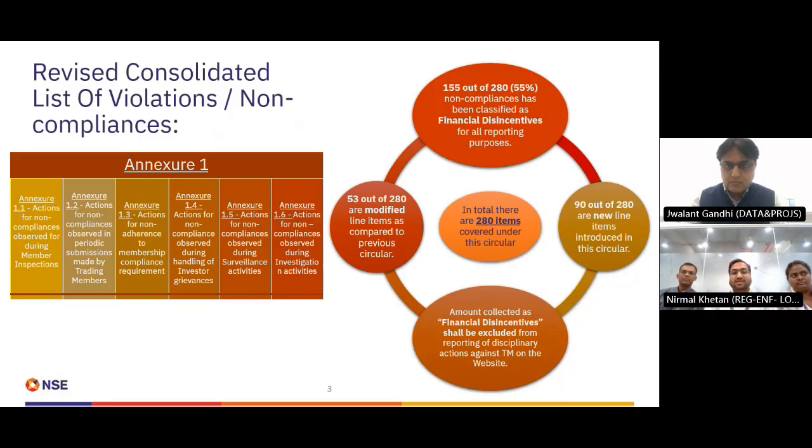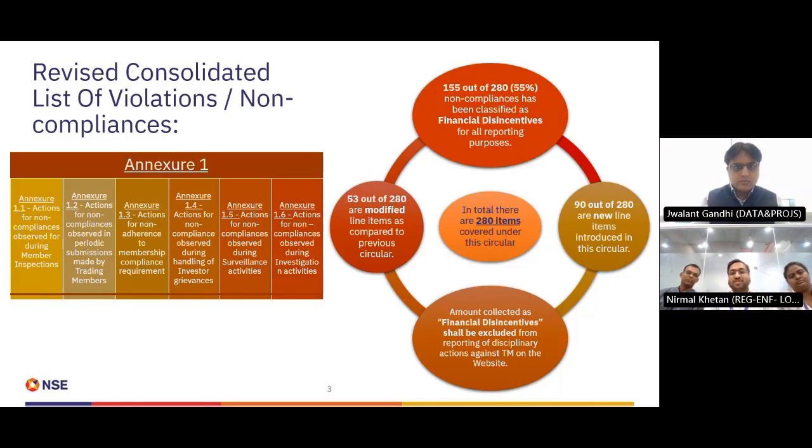Continuing with this, Annexure 1.2 carries the non-compliances based on the periodic submissions made by the trading members. For any files that we require them to submit, in case of non-submission, the actions applicable to the trading members are described under 1.3.